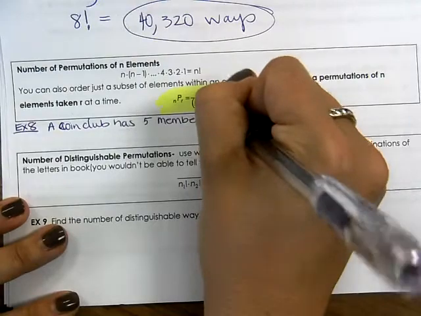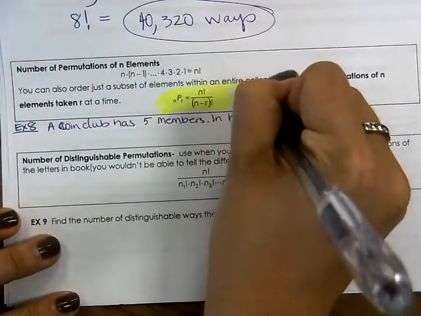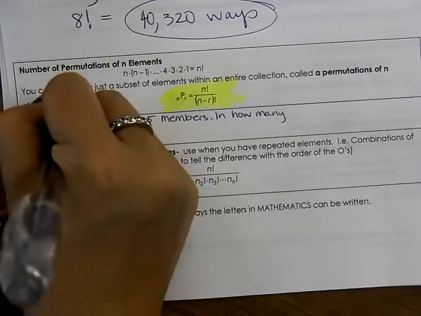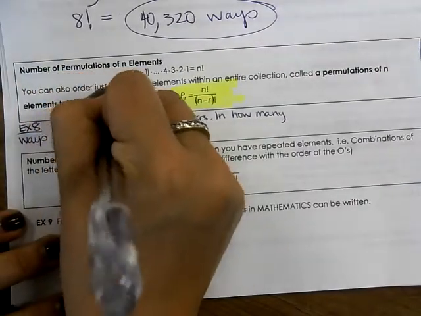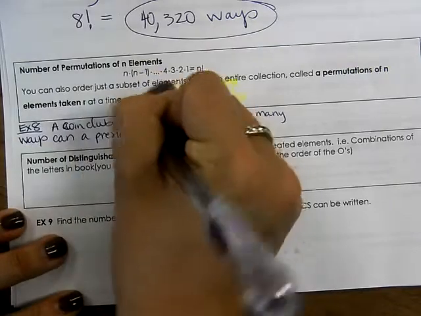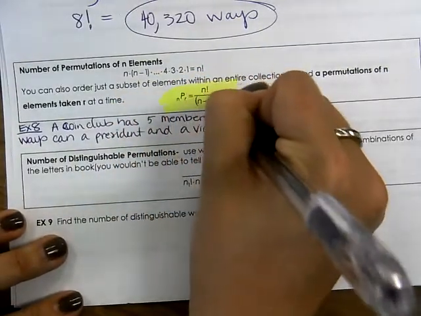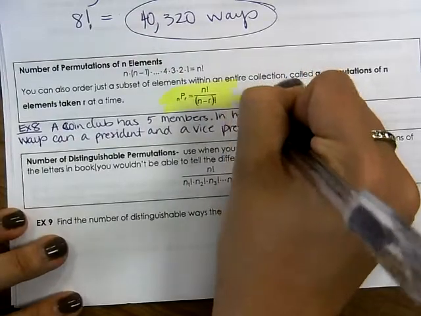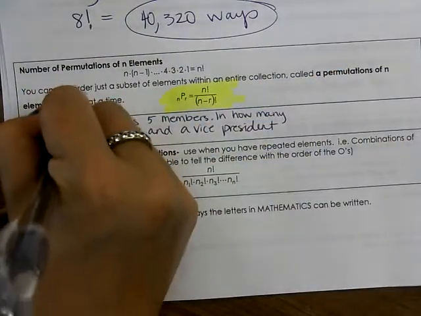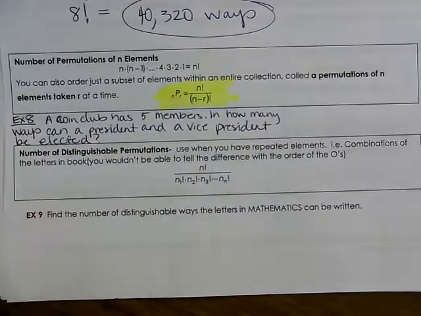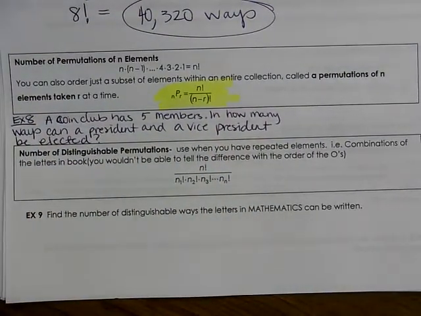In how many ways can a president and a vice president be elected? Aren't you so glad we have this note packet? You don't have to write out every single example like this.